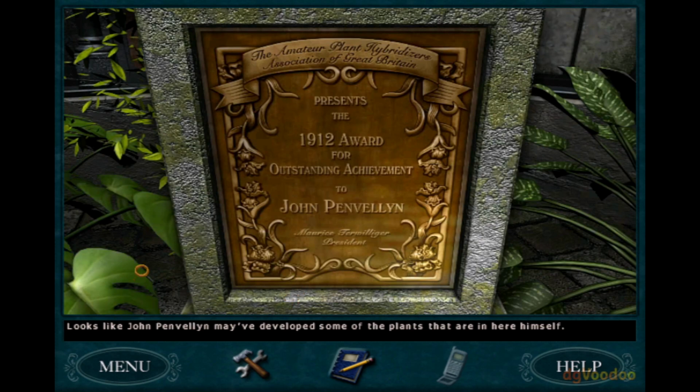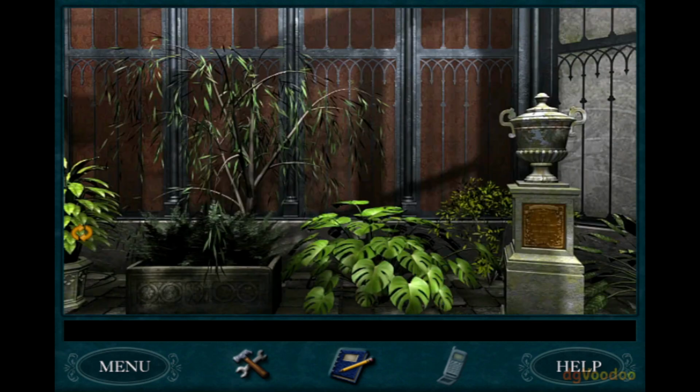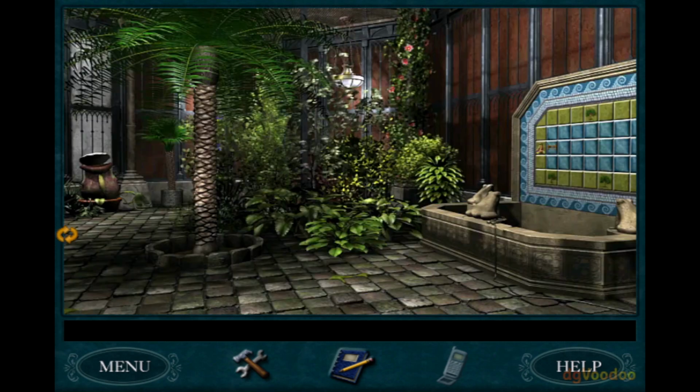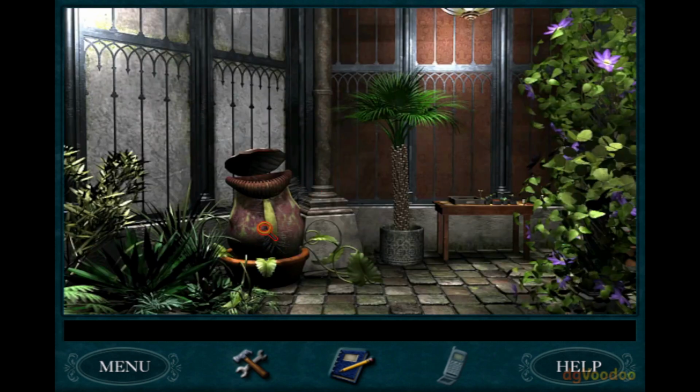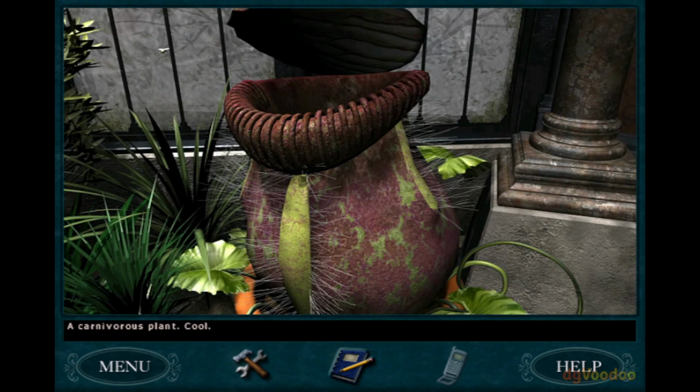Looks like John Penbelin may have developed some of the plants that are in here himself. Oh, outstanding achievement. Interesting. Amateur plant hybridizers. Okay, do we have anything of note over here? A carnivorous plant. Cool.